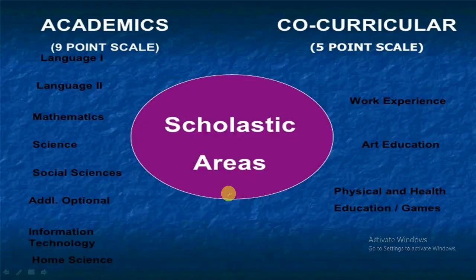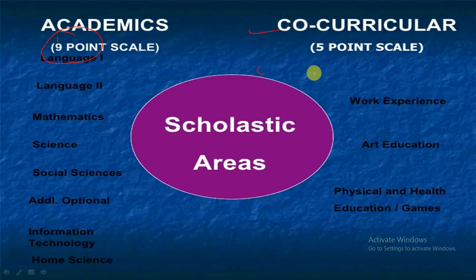Okay friends, next point, scholastic areas. If we focus on the academic scholastic areas, they are on a 9-point scale. In any class, you see in your result book or progress card that the 9-point scale is mentioned.